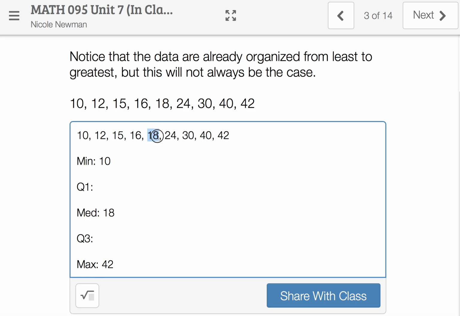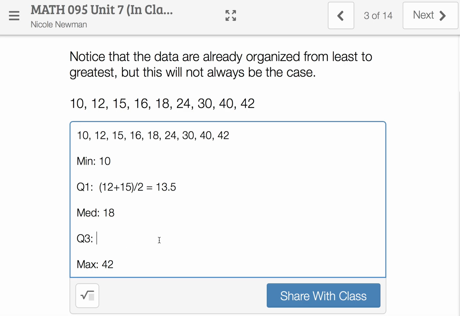So if 18 was our median, let's look at all of the data points underneath that. So all the way there, 10, 12, 15, and 16. We want the median of just those. To do that, 12 and 15 are in the middle, and so we'll need to find the average of those two. So 12 plus 15, and then divide by 2. And that will give us 13.5.